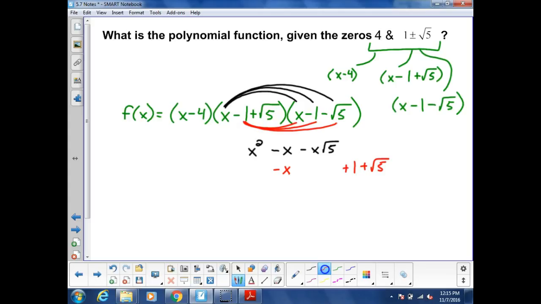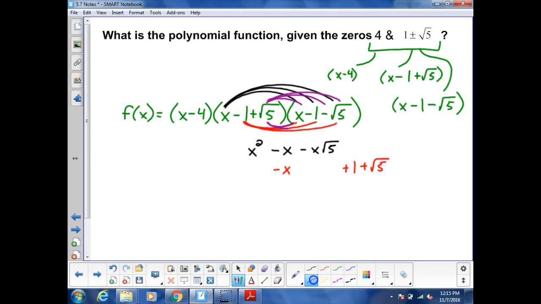Then I have to take the square root of 5. Oops, I wanted to go the other way. I'll go this way, then you can see it a little bit better. Okay? Take the square root of 5 and put it in there.